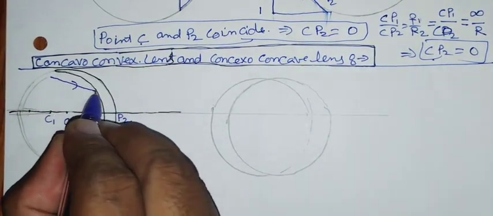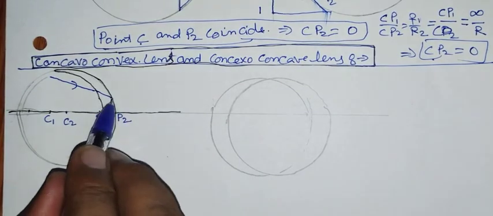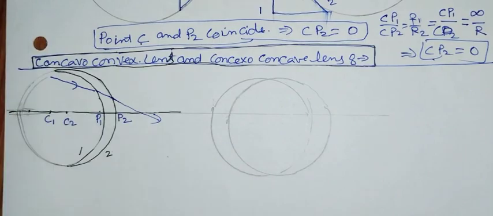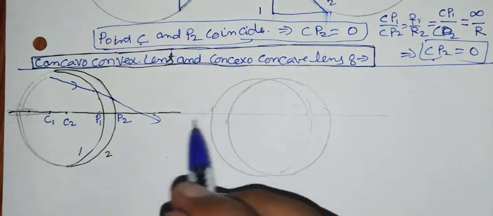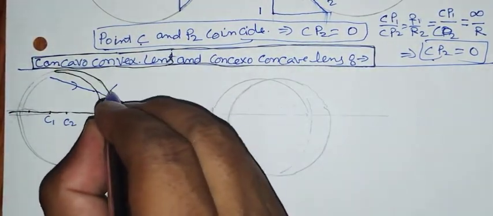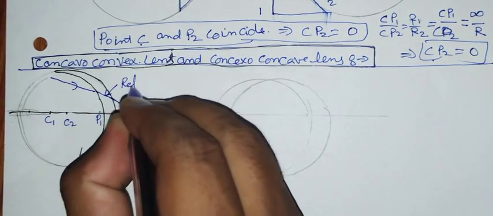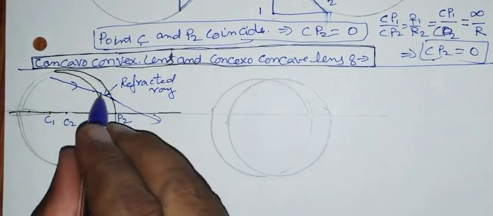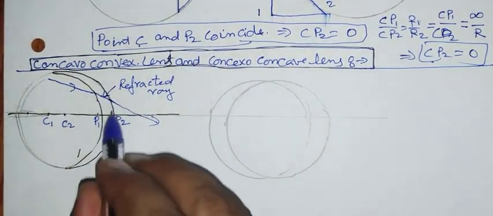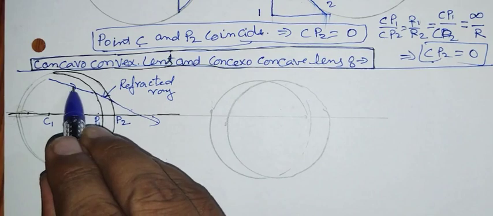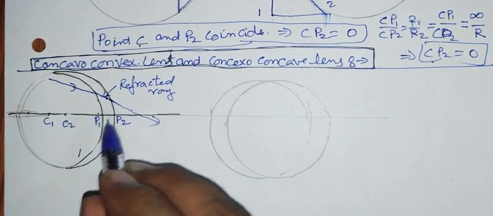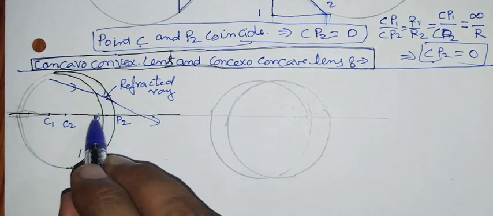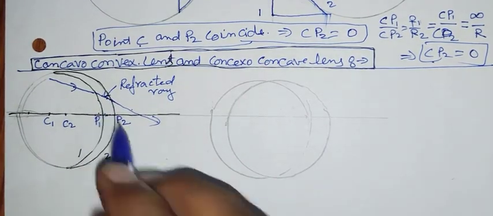First of all, see the ray diagram: incident ray, refracted ray, emergent ray. Now see very carefully. This is the refracted ray, this is the emergent ray, this is the incident ray. Here the refracted ray and the principal axis do not coincide.